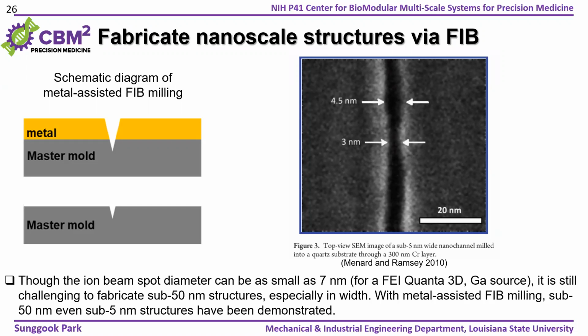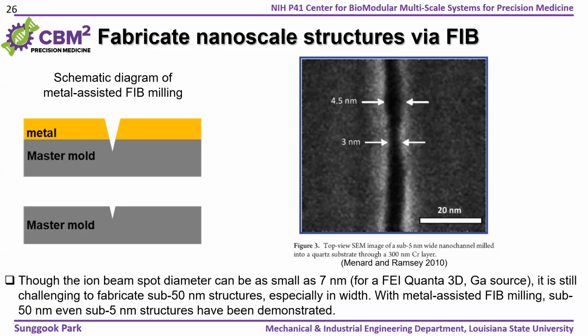What they did was deposit a thin metal layer on top of the substrate, around 100 nanometers, and then use FIB to mill the substrate. After that, you remove this metal layer, and then basically you can make patterns smaller than the resolution of the focused ion beam. So they demonstrated a fabrication of sub 5 nanometer structures.